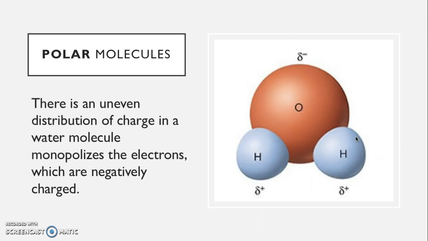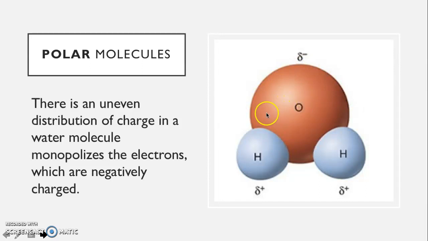So because of this uneven sharing, or this uneven distribution of charge in the water molecule, because oxygen is monopolizing these electrons, the electrons find themselves on this side of the molecule, and it leads to different charges.